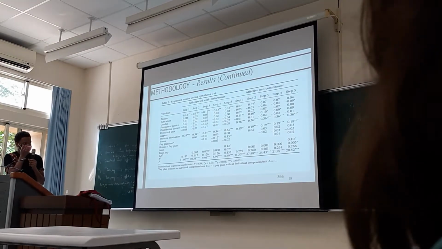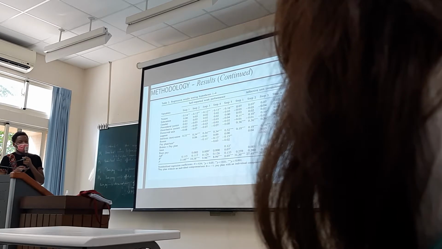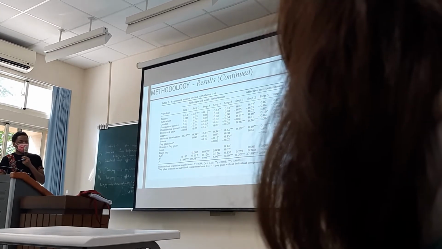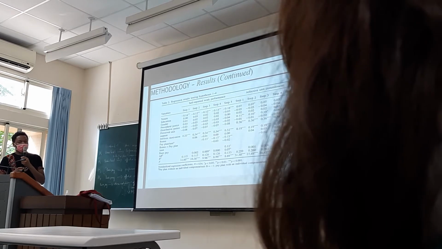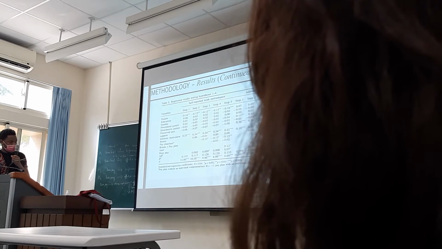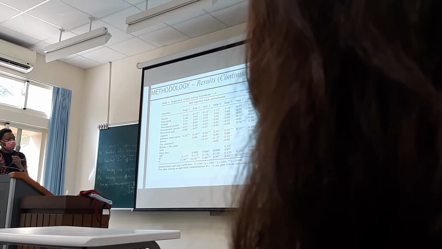And then one other thing to mention about the hierarchical regression model is that at each step, after you introduce one variable at each step, you check the R squared and you check if it's significantly rising. And you notice that at step 1, the R squared was at 0.115.